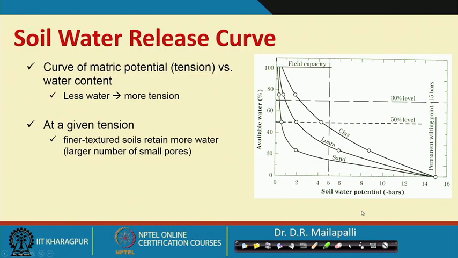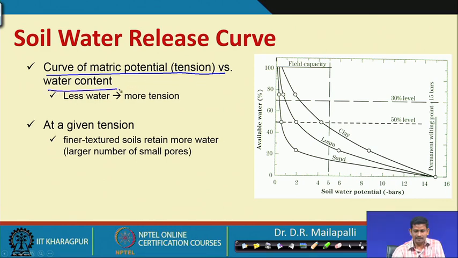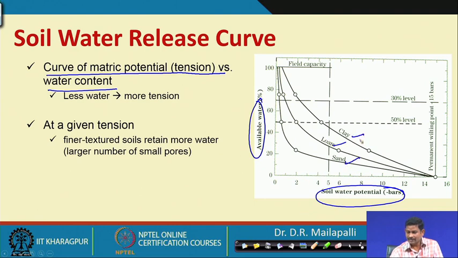Once you do that, you are going to get this kind of graph. This is the soil water release curve, or matric curve, of matric potential or tension versus water content. Here this is available water and soil moisture tension in bars, for different soils like sand, loam, clay.